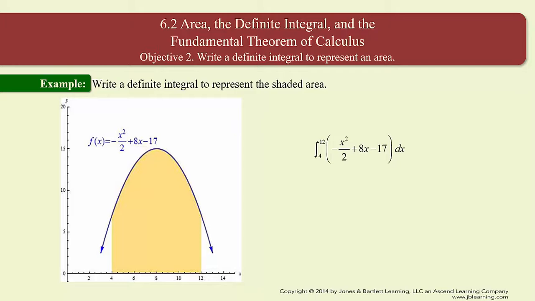So that's the definite integral that represents the area of that shaded region. And in a minute, we are going to see how we can evaluate that definite integral and come up with the exact area. So I hope that makes sense. It's a pretty easy process to represent shaded area as a definite integral.